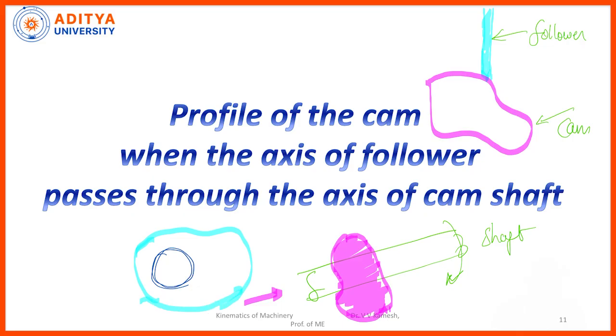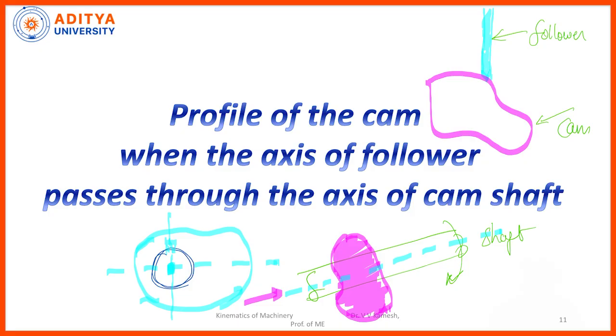Okay. Now, where is the axis of the cam? This is actually the axis of the cam. Whatever the axis of the shaft is, the same will be the axis of the cam, right? Because it will be mounted on this. So, the cam can be mounted according to the shaft.